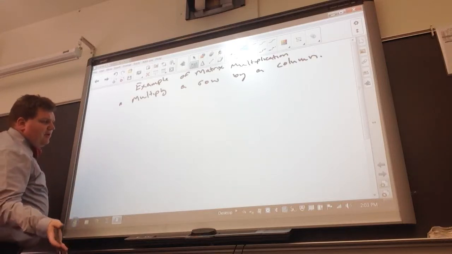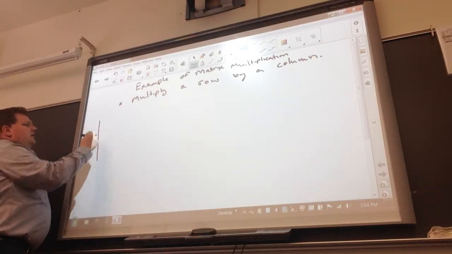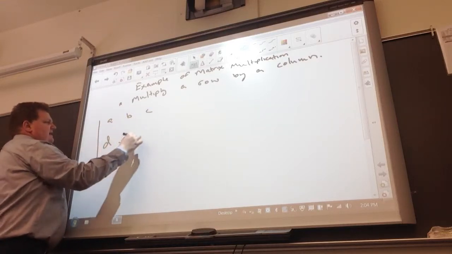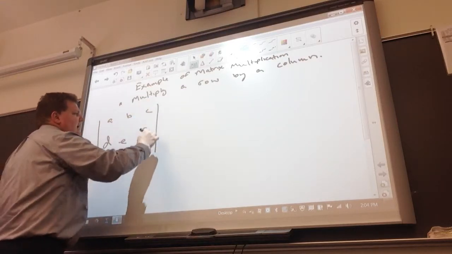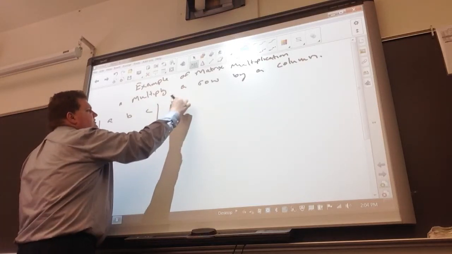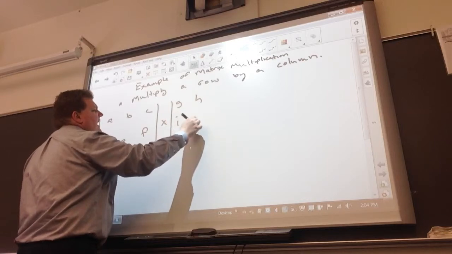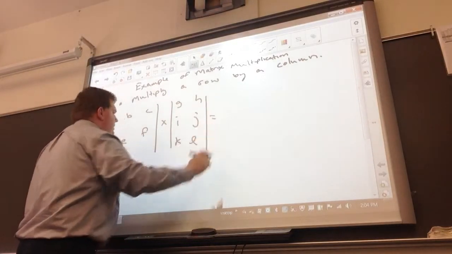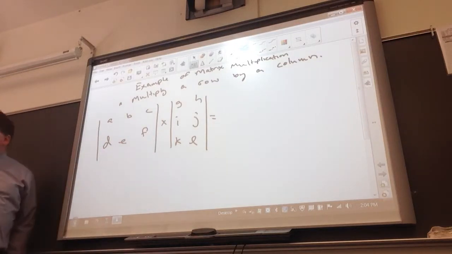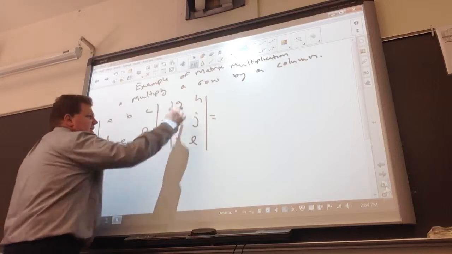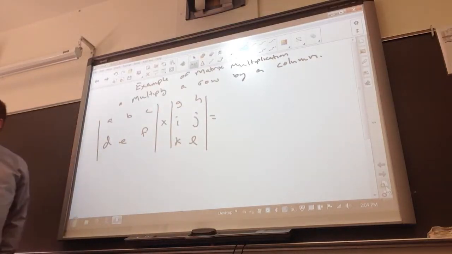So if I wrote out two matrices here, we'll call this one A, B, C, D, E, F, and I multiply that by matrix G, H, I, J, K, L, okay? I can multiply these matrices because this one has 3 columns and this one has 3 rows, so everything lines up.